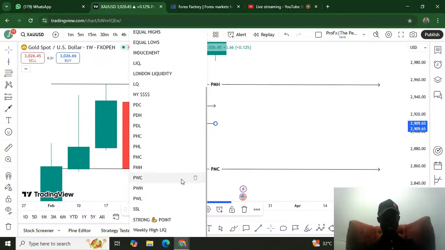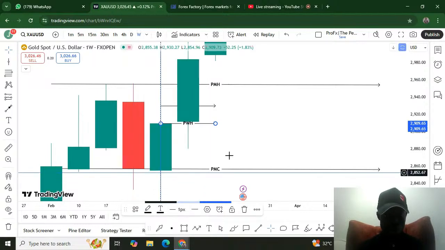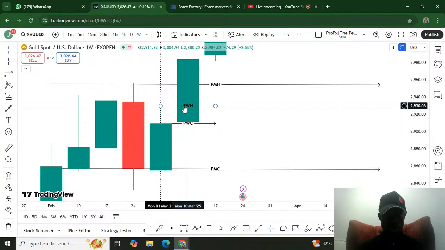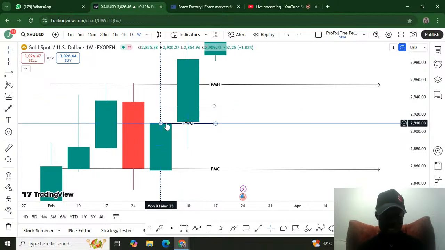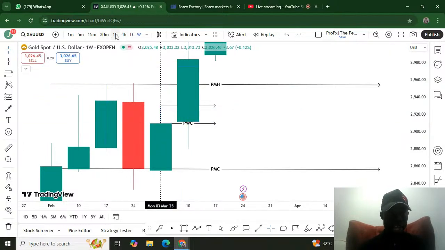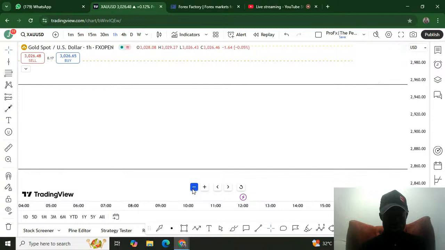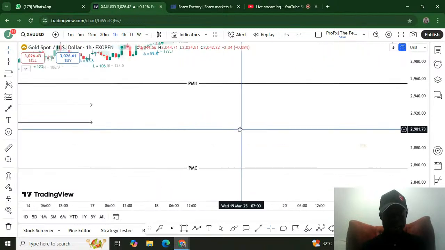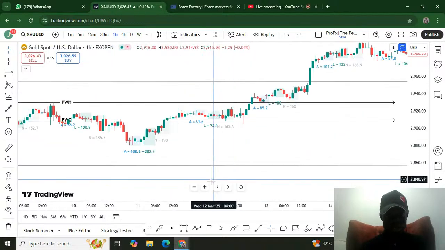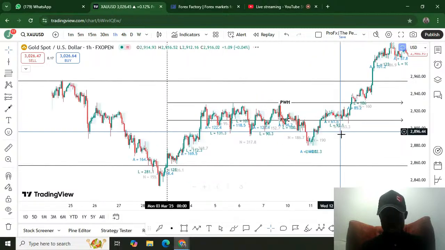Previous week high and previous week close. Okay, high and close, right? Then we drop down to a lower time frame. In this case it can be one hour.